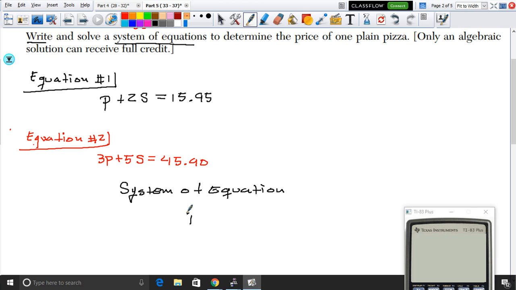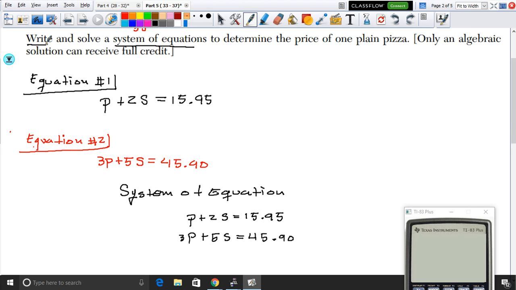So our system of equations is P plus 2S equals 15.95, and 3P plus 5S is equal to 45.90. So this is a system of equations. Just literally put one equation on top of the other.